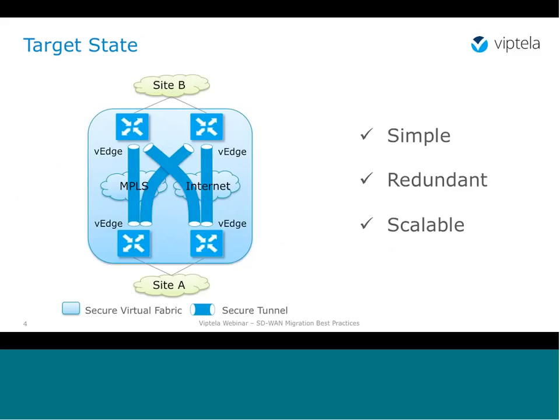At the end of the day, what you are trying to do is maximize the benefits of SD-WAN, and get into a situation where you have the simplicity that SD-WAN brings. You have the redundancy. You can see that an existing CPE device was replaced by the redundant vEdge device.